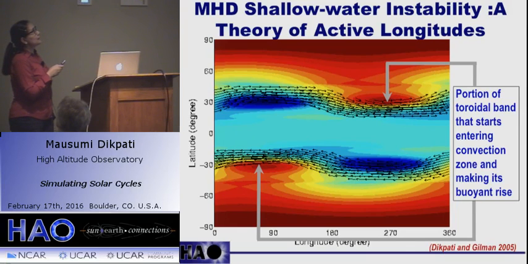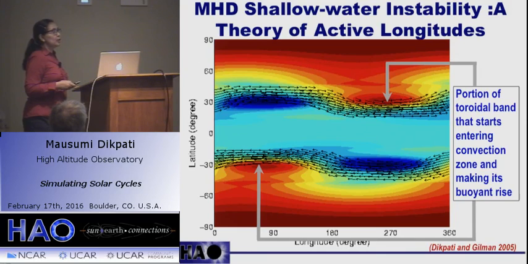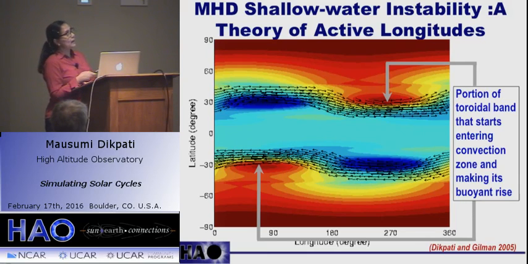You can see the Tachocline toroidal band is deformed due to the instability in such a way that a portion of the band falls in the swelling region and a portion in the depression region. The portion of the toroidal band that coincides with the swelling region starts entering the convection zone first, and that is the longitude where the spots will form.